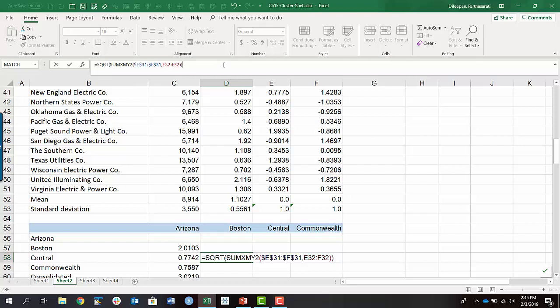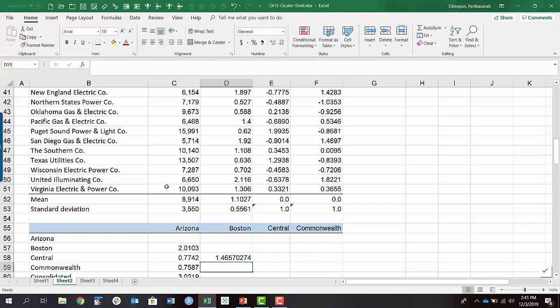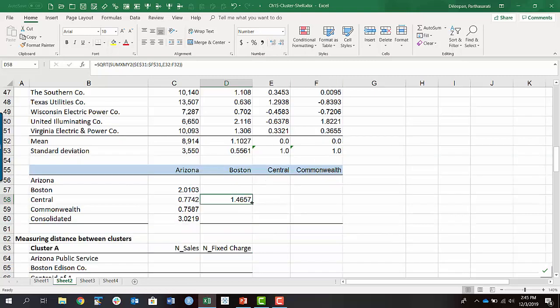Okay, one more parenthesis. Okay. Copy that down.